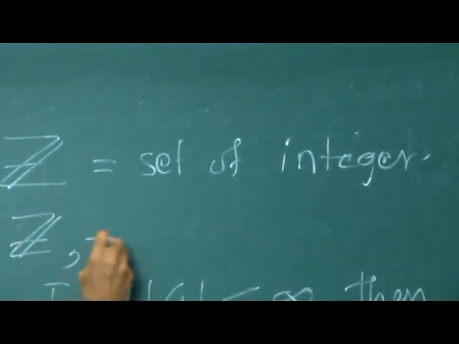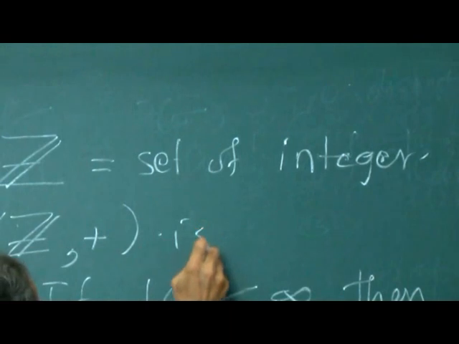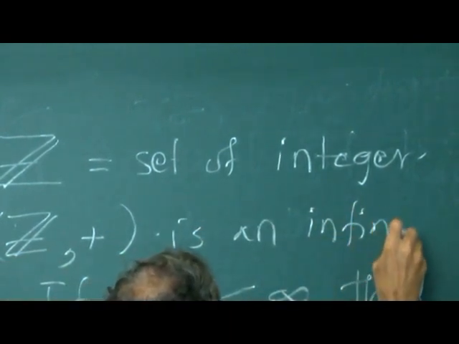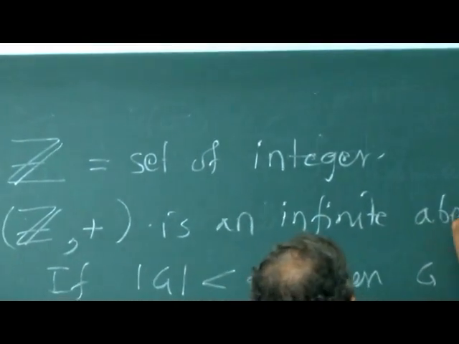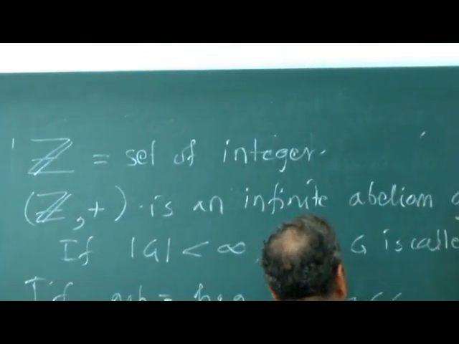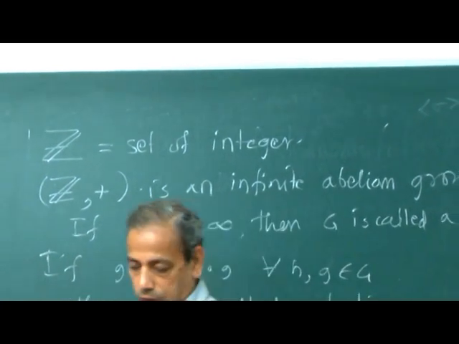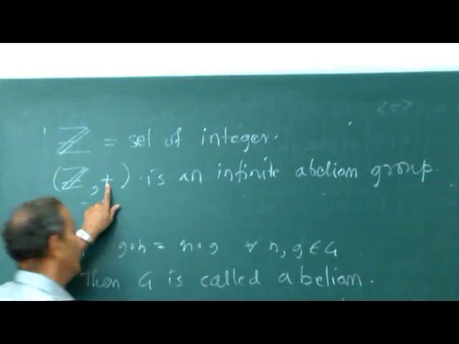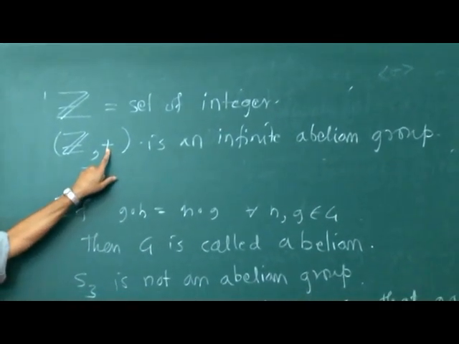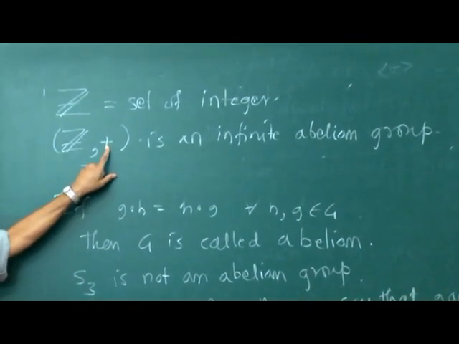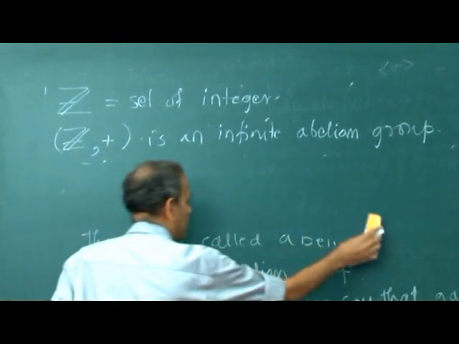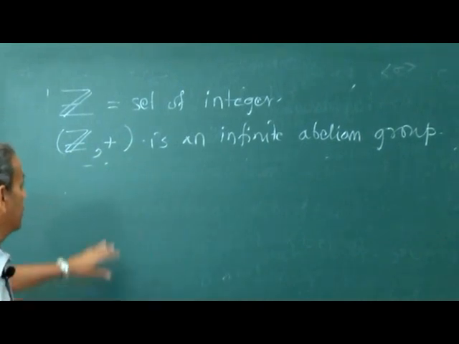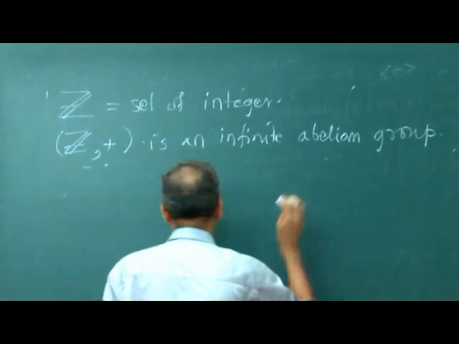So, Z under plus is an infinite abelian group. You can check very easily. What is the identity of this group? It is 0, and the inverse of n is minus n. So it is commutative, an infinite abelian group.